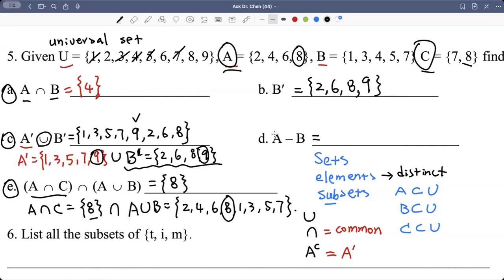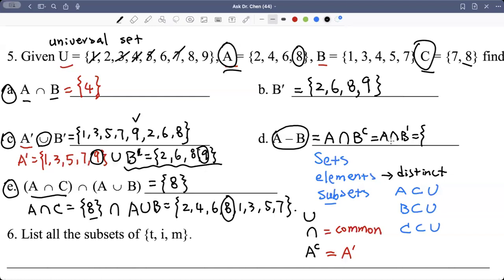The elements in A, but not in B. We want to do A intersect with B complement, or B apostrophe, okay? Why? Because the elements in A, but not in B. Usually we don't use minus because minus is not an operation for sets. So we want to write it this way, A intersect with B complement, or A intersect with B apostrophe.